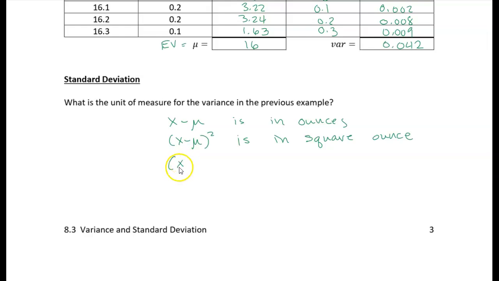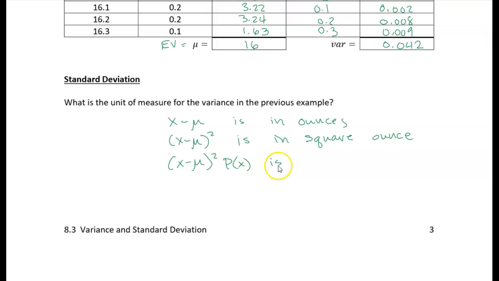So when I take x minus mu squared times the probability, now, the probability is unitless, right? Because it's just how many out of how many. It's the frequency of occurrence out of the total number of occurrences, so it really is unitless.